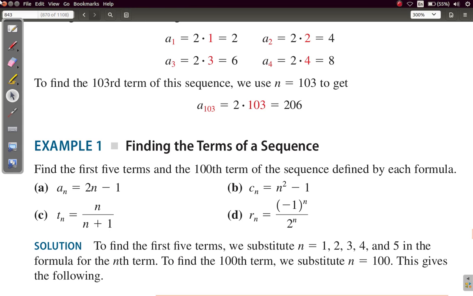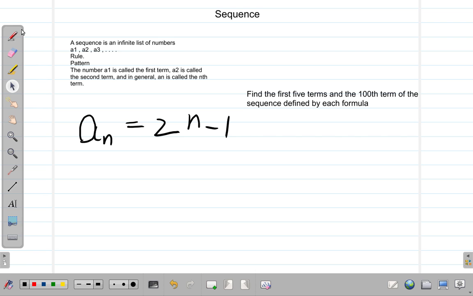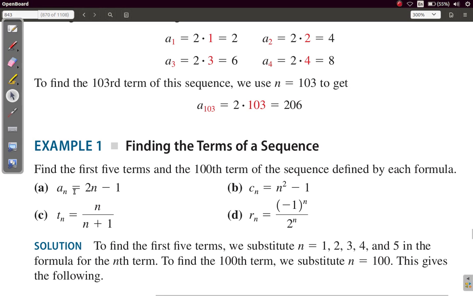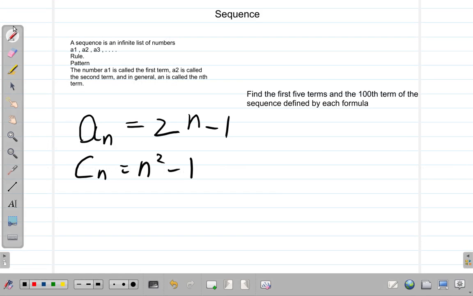c_n is n squared minus 1. So, c_n is equal to n squared minus 1. The next one is t_n equals n over n plus 1.